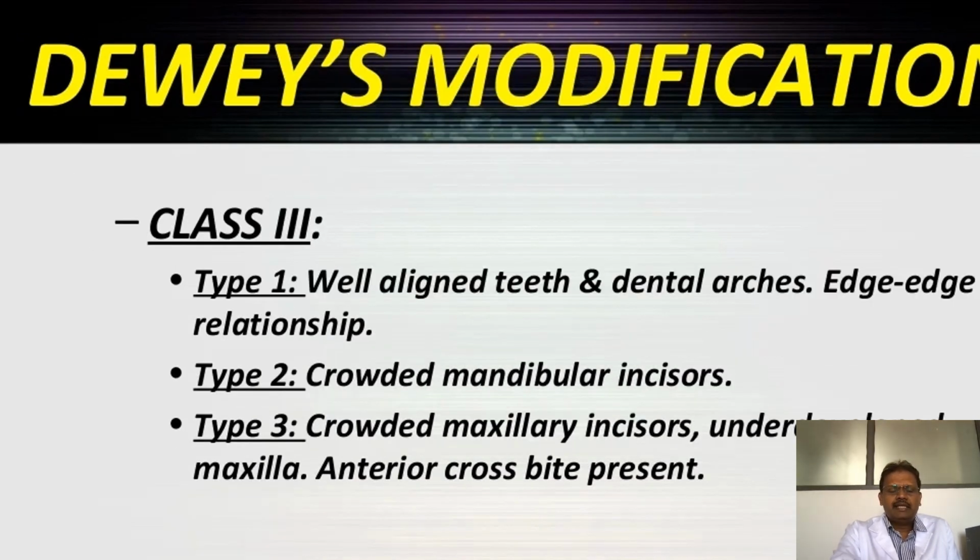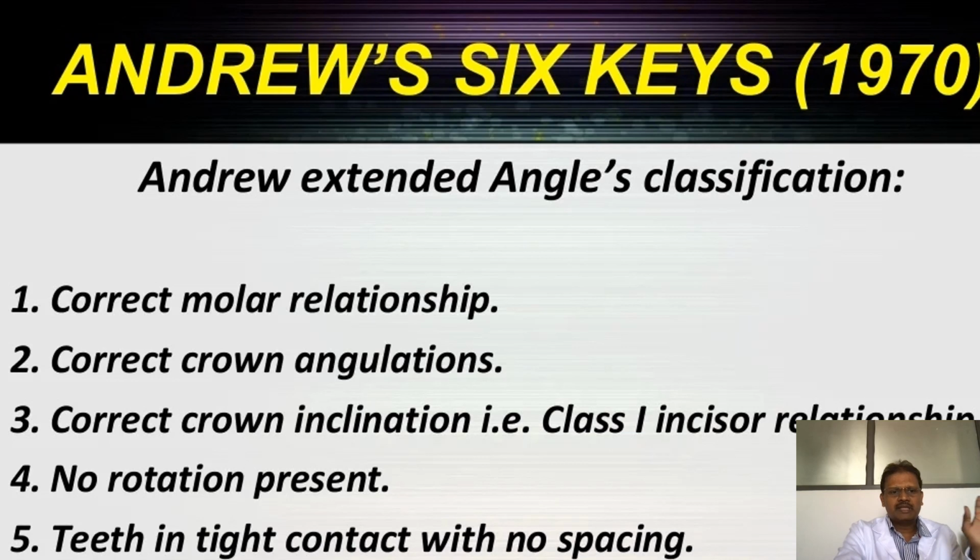Class 3 he divided into type 1, type 2 and type 3. Type 1 is well aligned teeth within the dental arch with an edge to edge relation, type 2 is crowded mandibular incisors, and type 3 is crowded maxillary incisors with anterior crossbite present. So Dewey modified Angle's classification into further subclassifications. I hope this is clear.